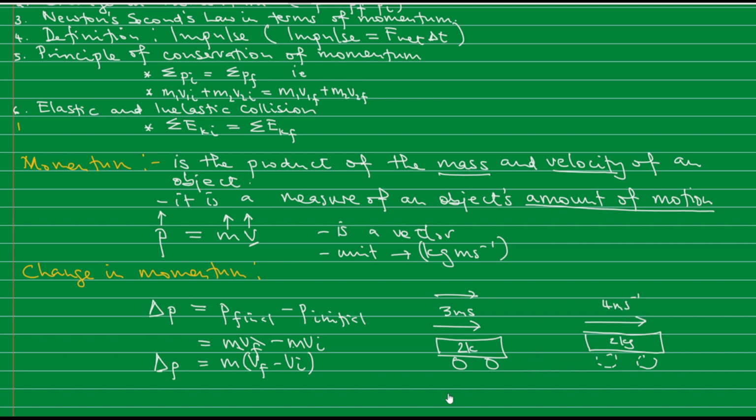So we can calculate the change in momentum as the mass, which is 2 kg, times the final velocity, 4 meters per second, minus the initial velocity, 3 meters per second, and then this will give us 2 kilogram meter per second as the change in momentum. So the difference in the velocities multiplied by the mass of the object.